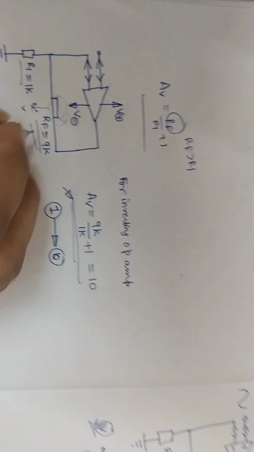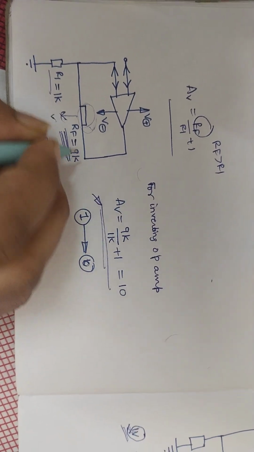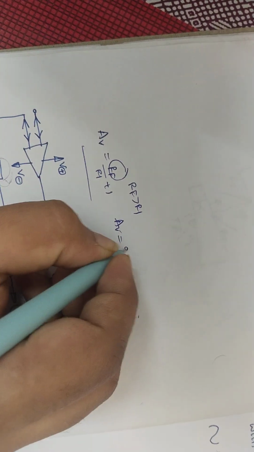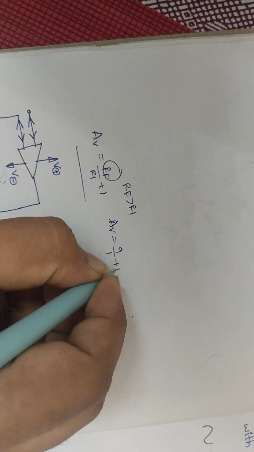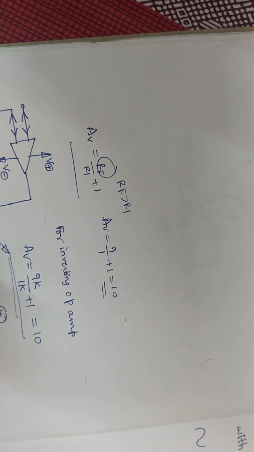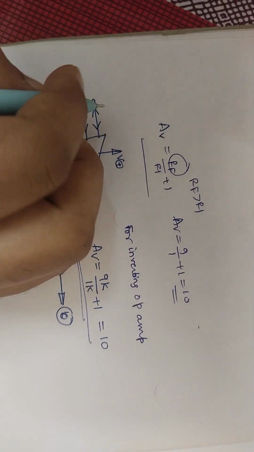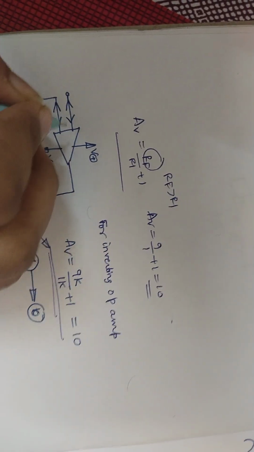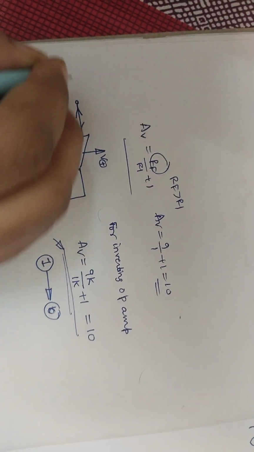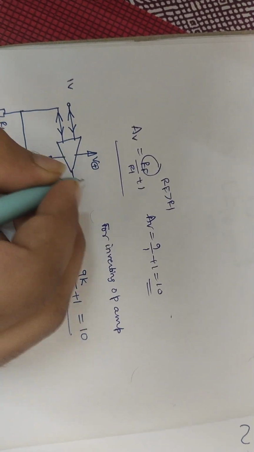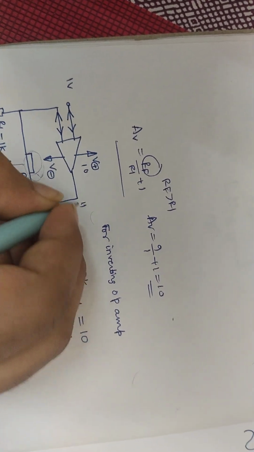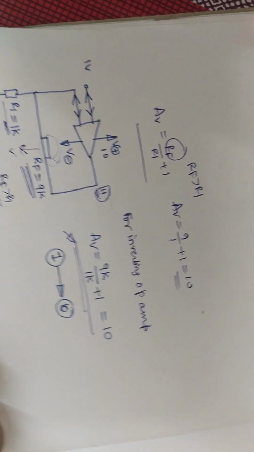So let's say RF equals 9 kilo ohm and R1 equals 1 kilo ohm, the gain is 9 by 1 plus 1, which is 10. It means if we apply a DC source of 1 volt at the non-inverting terminal, with a gain of 10, it comes out as 10 volts. That is what it means.